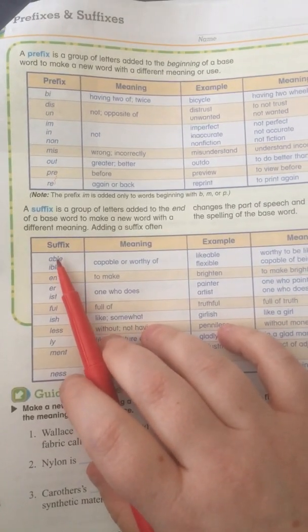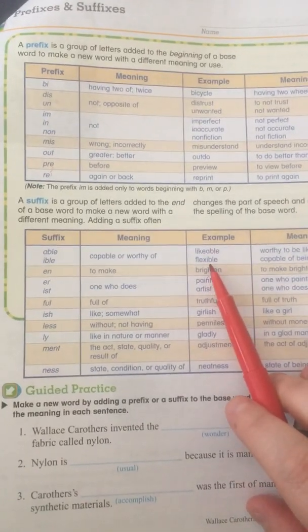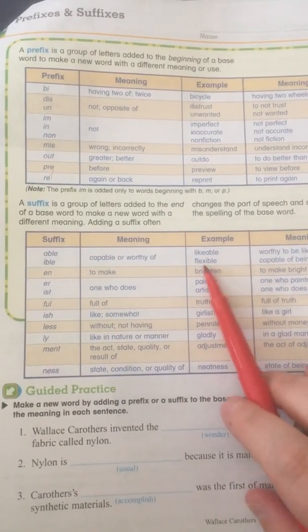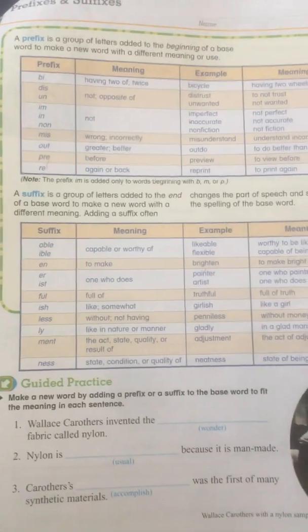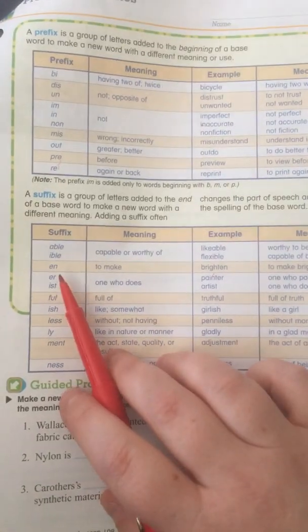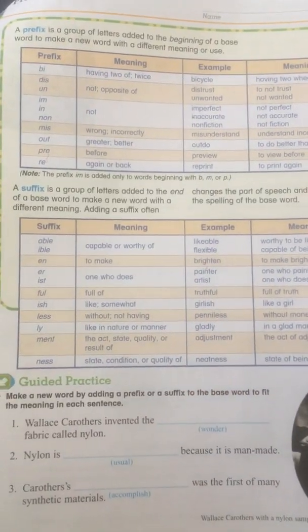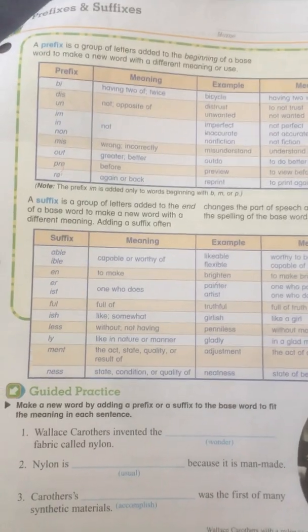Able, both of these, means you're capable of it. So if you are likable or flexible, you're able to be flexed or you're able to be liked. The suffix en means to make, so you can brighten the room. You're able to make it brighter.